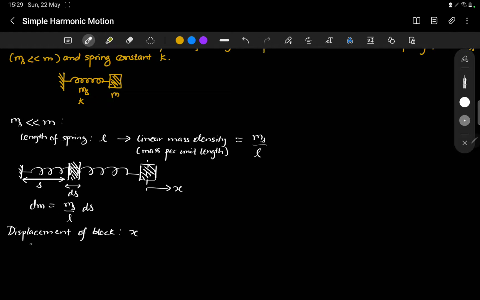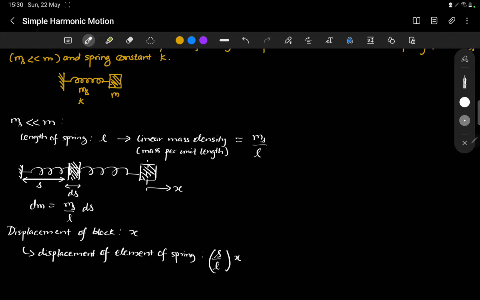This would give that the displacement of the element of the spring would be equal to s over L times x, because we have assumed that the mass of the spring is much less than the mass of the block.